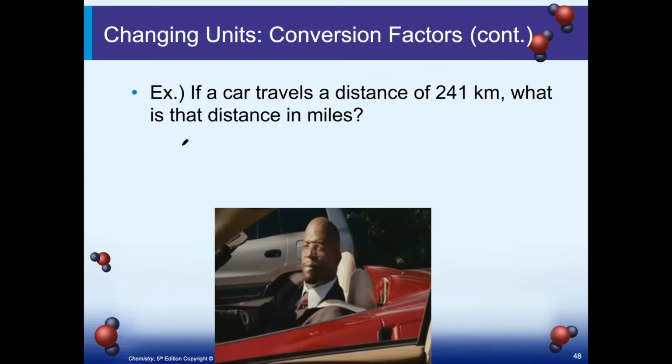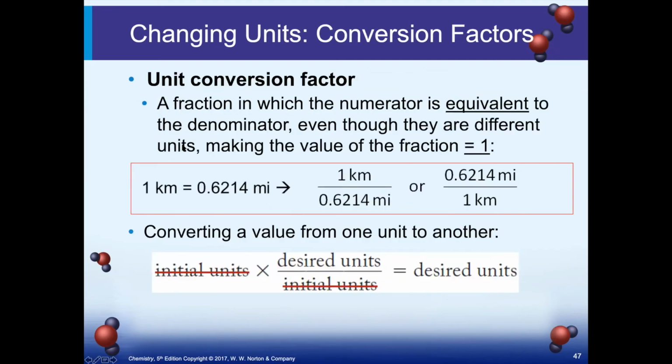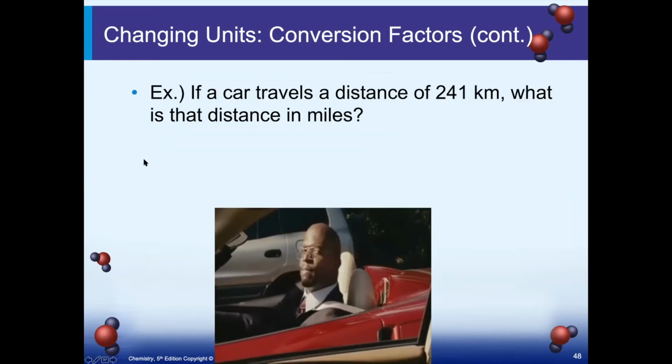It was 0.6214 miles is 1 kilometer. So actually, let me write that down. So 1 kilometer equals 0.6214 miles. Okay, so that's the conversion factor we're going to use.